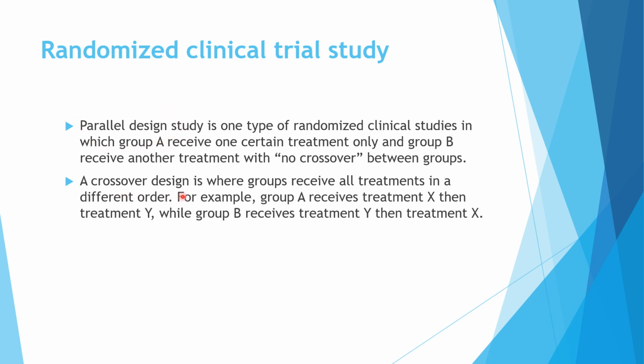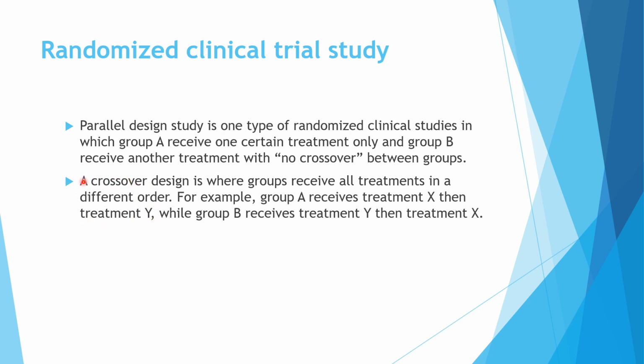A crossover design is a different type of design in which all patients in group A, for example, will receive two treatment options, and then group B will receive the same treatment options but in a different order. So for example, group A will receive treatment X, then treatment Y, and then you will have another group, group B, that will receive treatment Y and then treatment X. This is not used mainly in orthopedics.